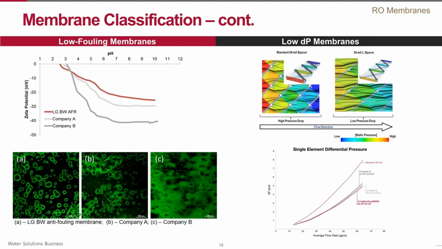Low differential pressure membranes can be considered as a subset of low fouling membranes. These membrane modules typically have a special feed spacer with optimized geometry that leads to lower pressure drop performance. The feed channels will not plug as quickly with the suspended solids, foulants, or scale.